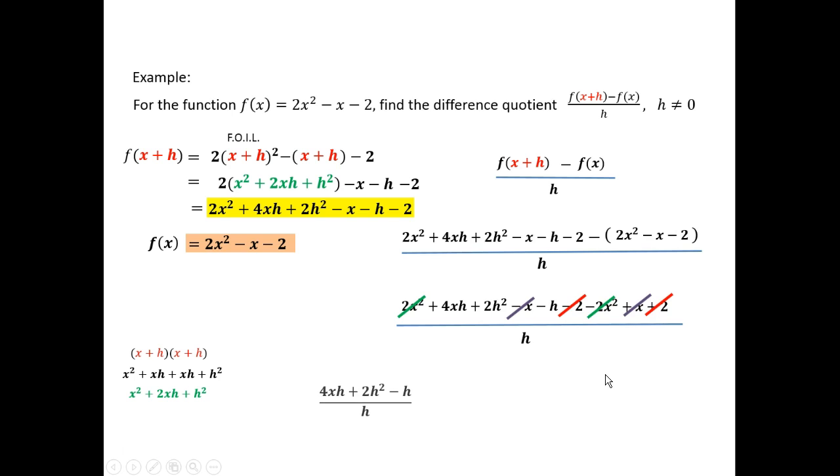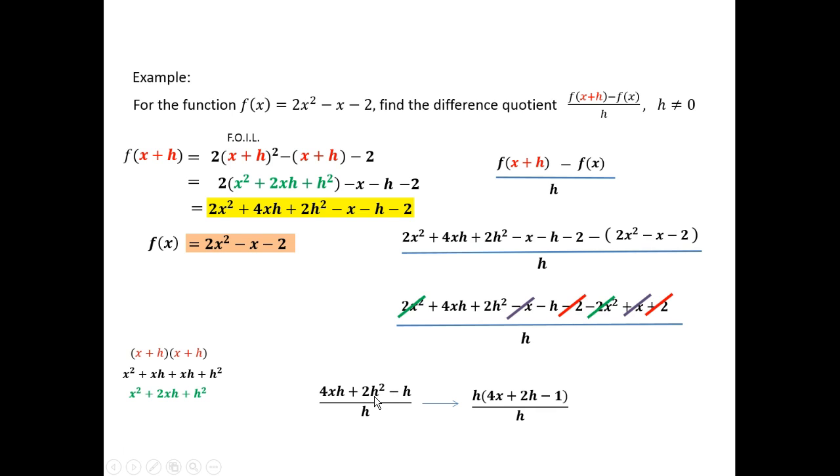Let's look at what we have left. We have 4xh, we have 2h squared, and we have minus h. Now notice all three of these terms in the numerator have an h in common. So what I need to do is take that common factor of h and factor it out of my numerator. When I factor the h from 4xh, it just leaves me with 4x.